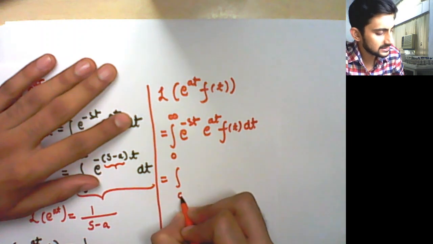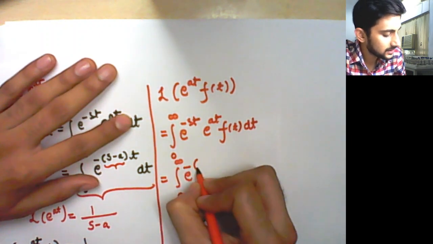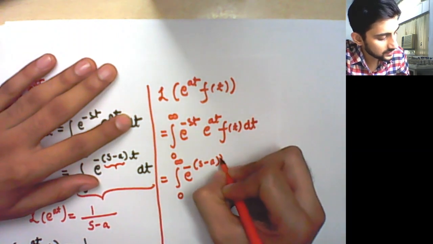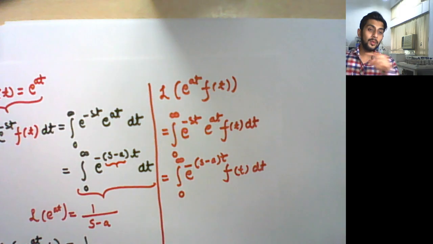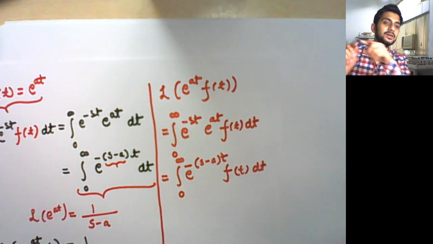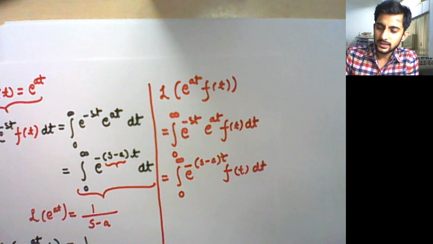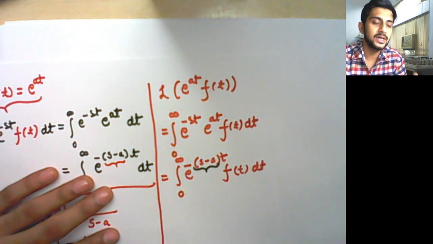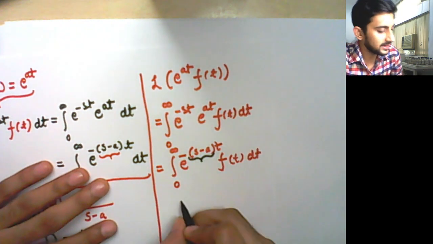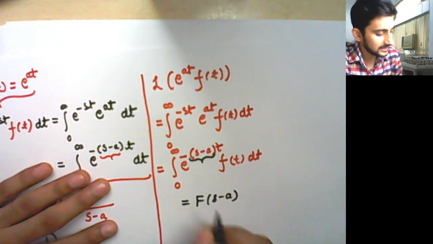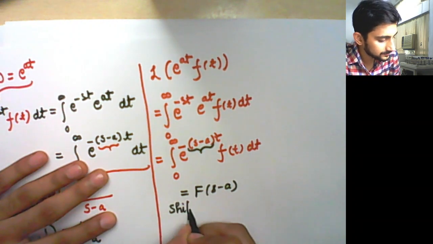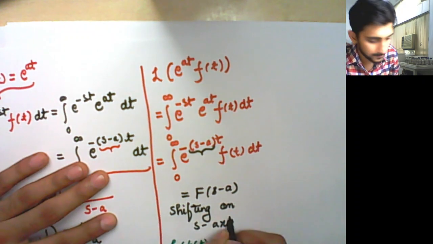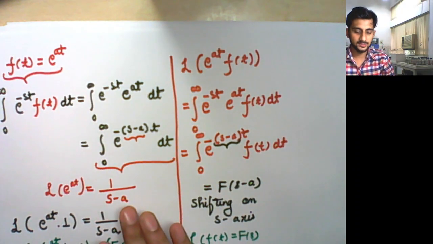So now I can write this as e to the power minus (s minus a) t f(t) dt. Now if you go by the definition, the integral of e to the power minus st f(t) dt was equal to F(s). So instead of having a function in s, you will get F of (s minus a), and this is called shifting on s axis. Shifting on s axis theorem.